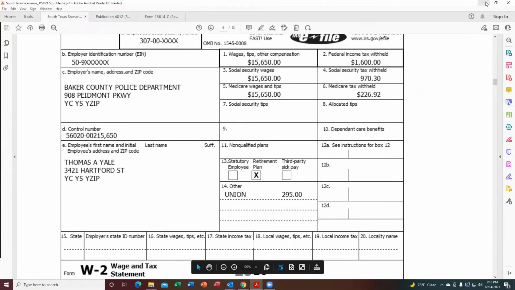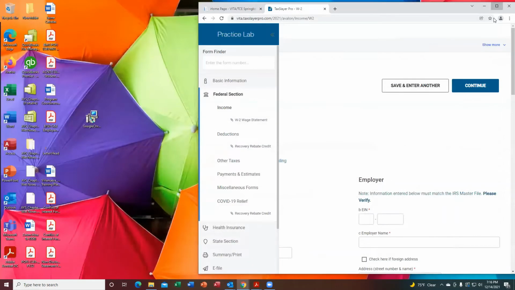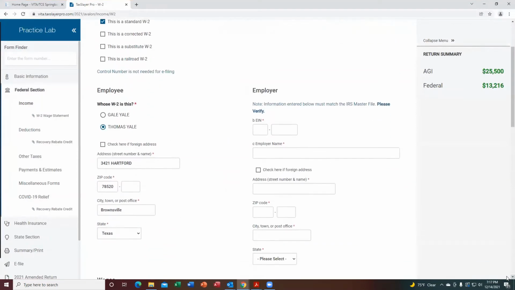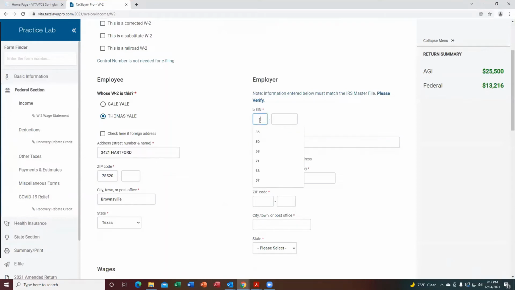So making sure that we select Thomas as the recipient of this W-2. And again, I'm going to use the same information, the same number, 7-4-2021, and it should populate the information.